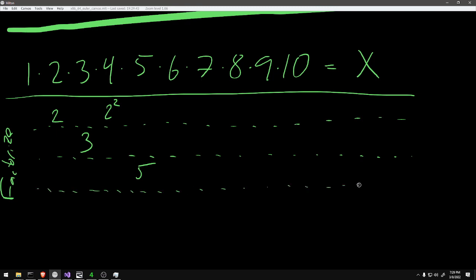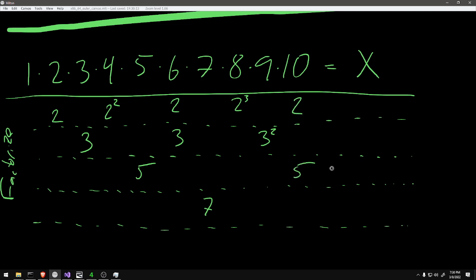So I am using my ability to spot primes here to figure out when a new prime shows up. And then I'm figuring out how to write each number as a multiplication between primes, right? So it's factorized.